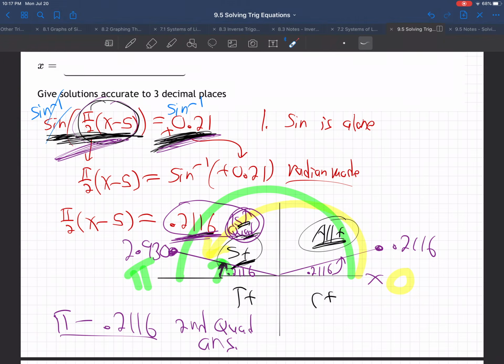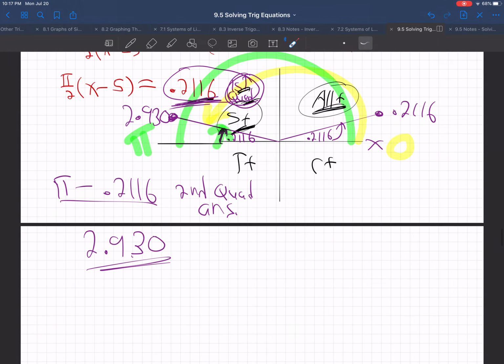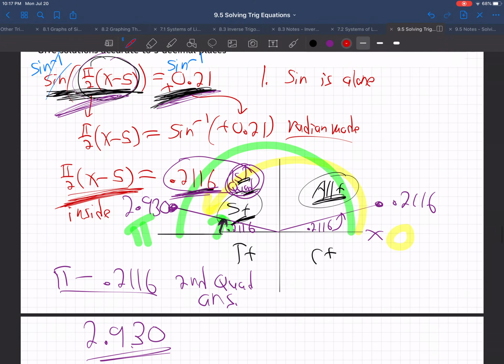So let's go back there. This is the inside, right? This is what was inside. See it right here? It's inside the sine.